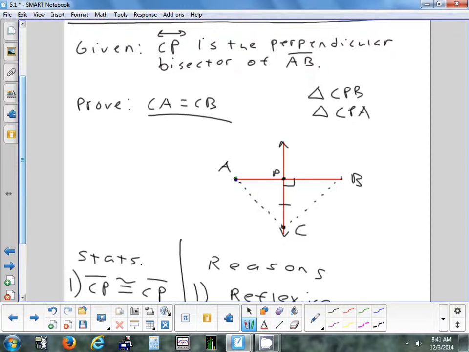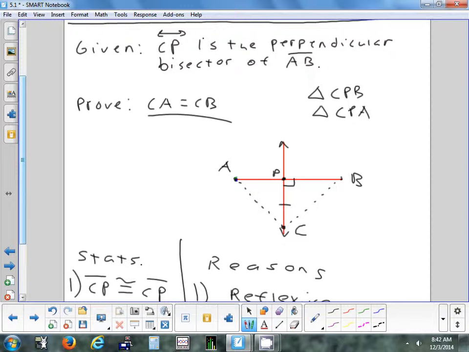So if line CP is perpendicular to AB, then is P the midpoint of A and B? Well, just because it's perpendicular here, it doesn't mean it's the midpoint. But what else is segment CP? They told us up in the given. Oh, it's a bisector.